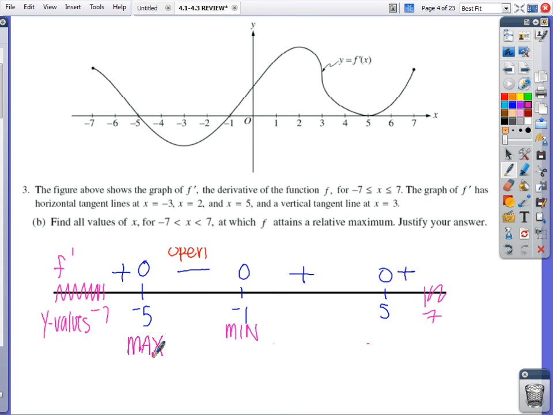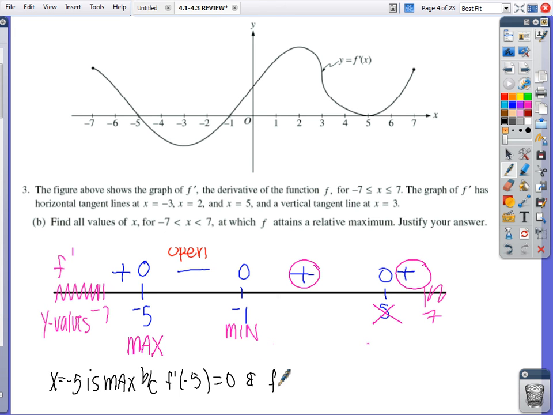Now here, you'll notice it did not change. It went from positive to positive. So this is neither a max nor a min. So now I'm going to give my reasoning. X equal to -5 is a minimum, or sorry, a maximum, because f prime of -5 is equal to 0 and f prime changes from positive to negative.